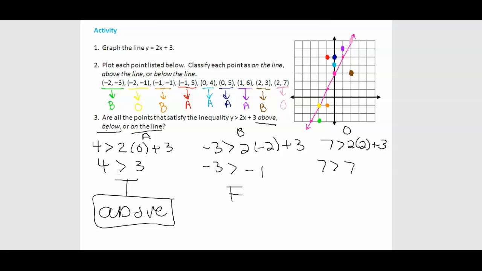Is 7 greater than 7? No, so that is also false and does not satisfy. So the points above the line satisfy the inequality. So what we're going to do is talk about shading and satisfying. So being true or false and as part of our solution.